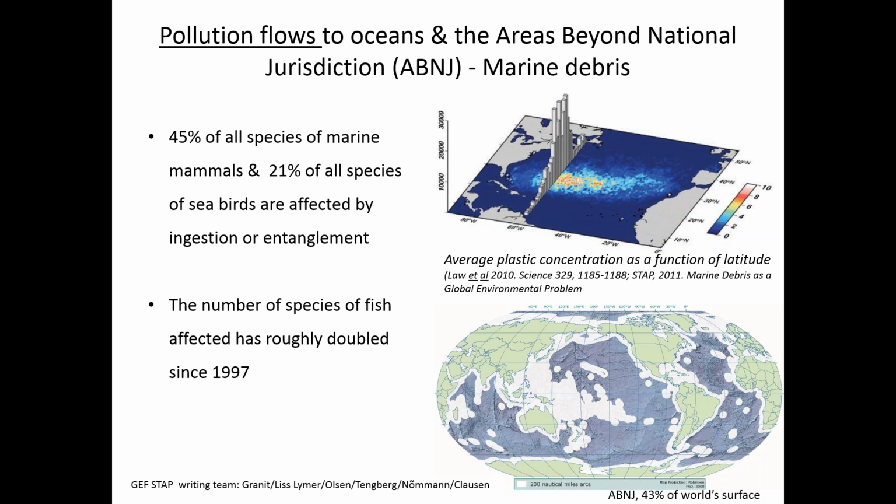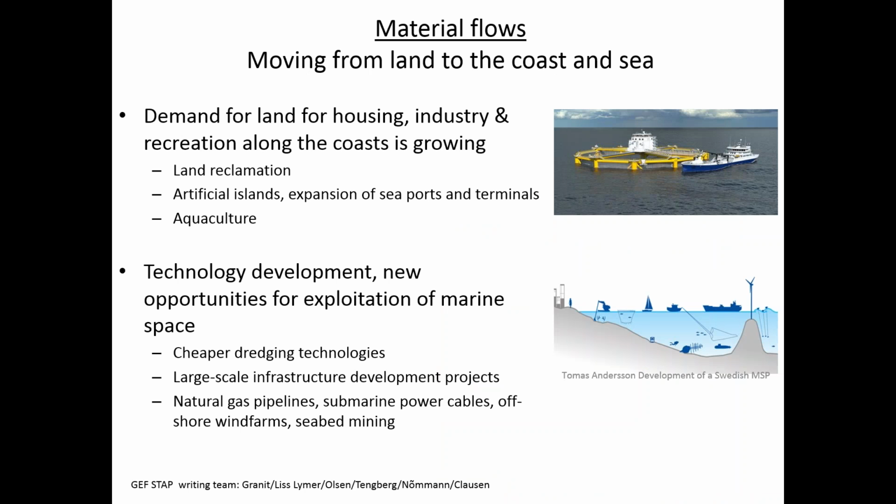Almost 13 million tons of plastic end up in our oceans every year. It's now being considered a major global environmental problem, and almost half of all marine mammals are affected by marine litter. And 10 years ago, there was very little information available on this issue. Meanwhile, the need for housing, industries, and recreation along rivers and coasts is growing steadily.